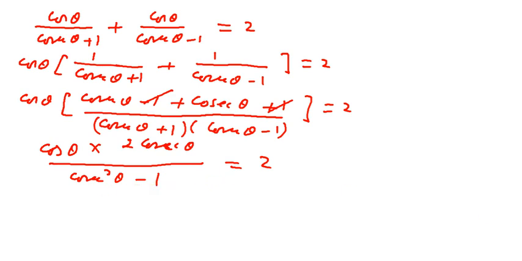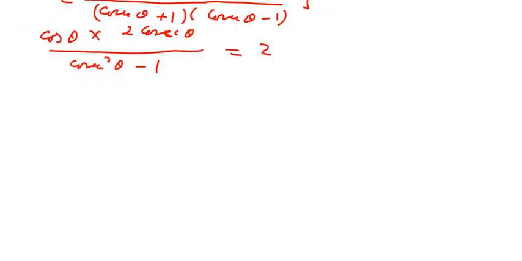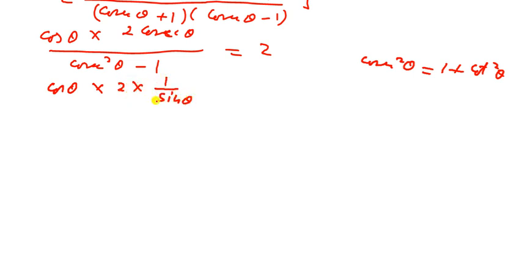So cosec square theta minus 1 is equal to 2. Now multiply to the right hand side. Cosec square theta is equal to 1 plus cot square theta. Now put the value.